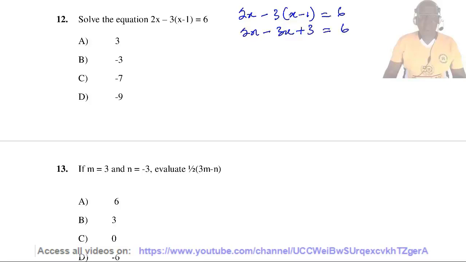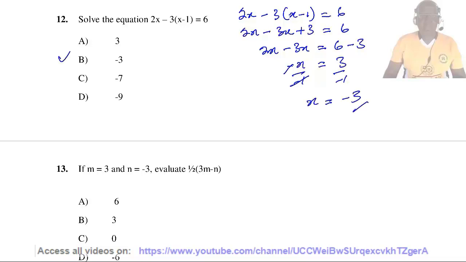Now we shall group like terms, so 2s minus 3s equals 6 minus 3, which equals minus s equals 3. So we shall divide through by minus 1. So we shall get s equal to minus 3. So the answer is B.